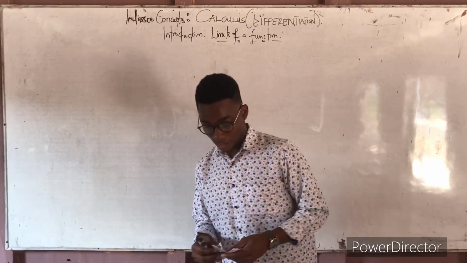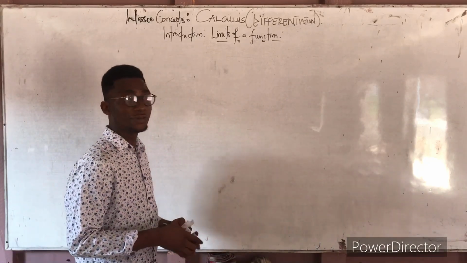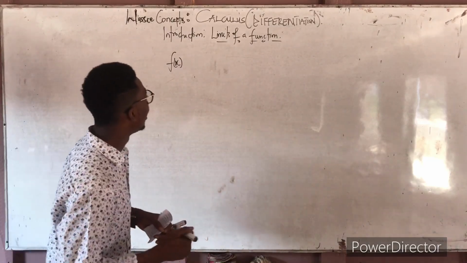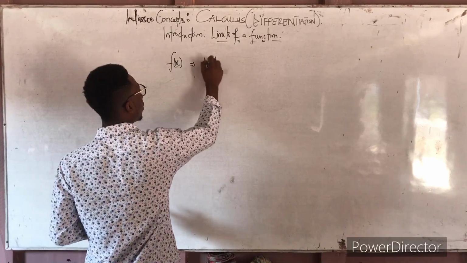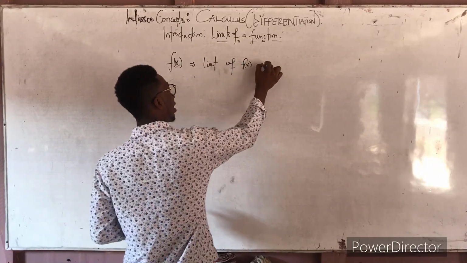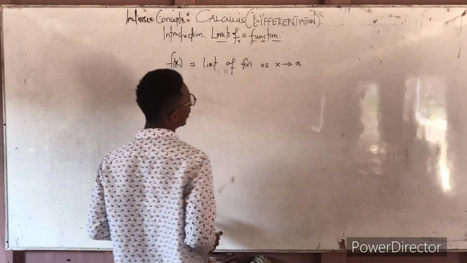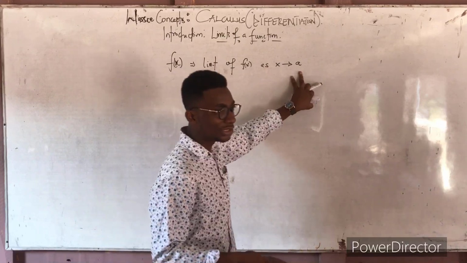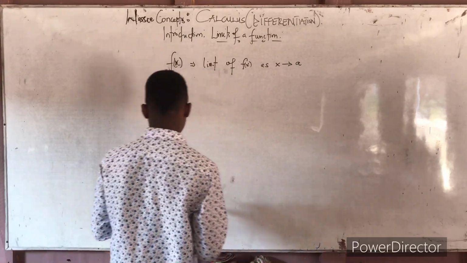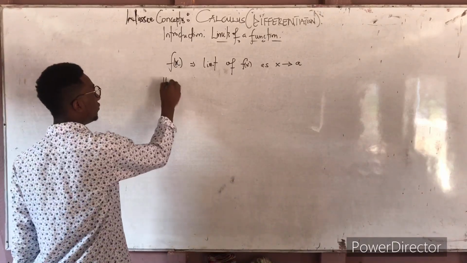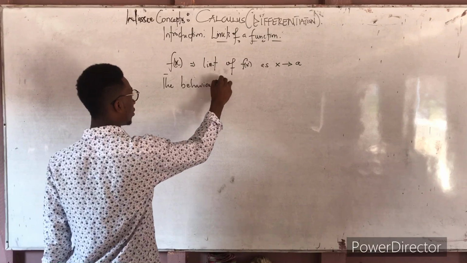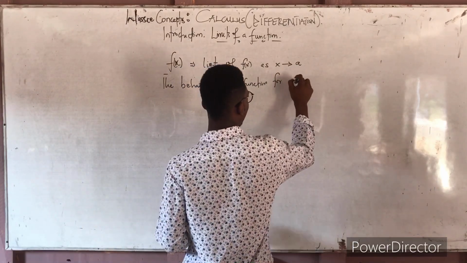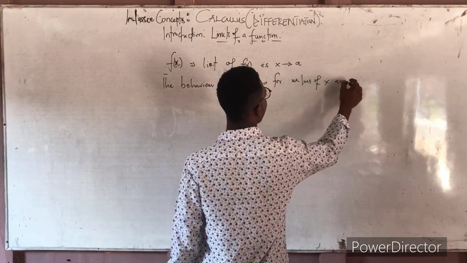Limits of a function. Now, for every given function, anytime you have a function, let's say f of x, and we find the limit of the function f of x as x approaches a constant, let's say a, what it means is that you are finding the behavior of the function for values of x around a.